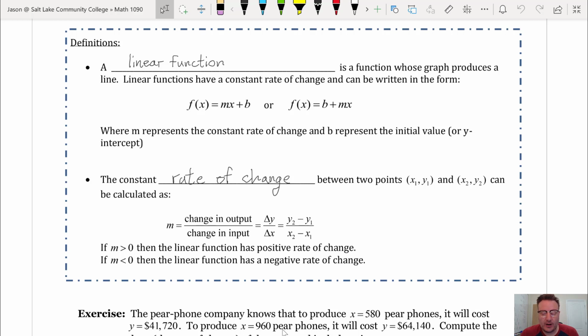So delta y over delta x, where change is measured by computing a difference, by taking how different two values are by subtraction. And notice the formula here has y2 minus y1 over x2 minus x1.